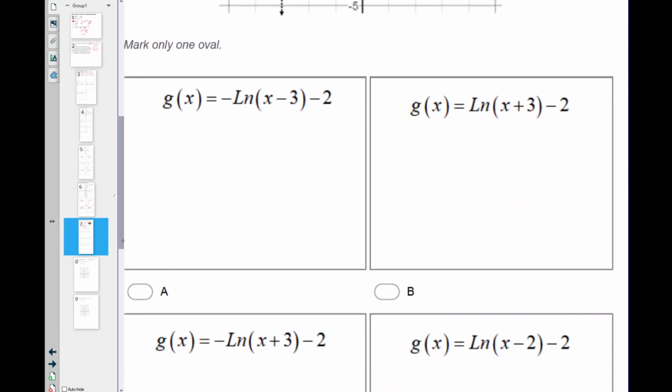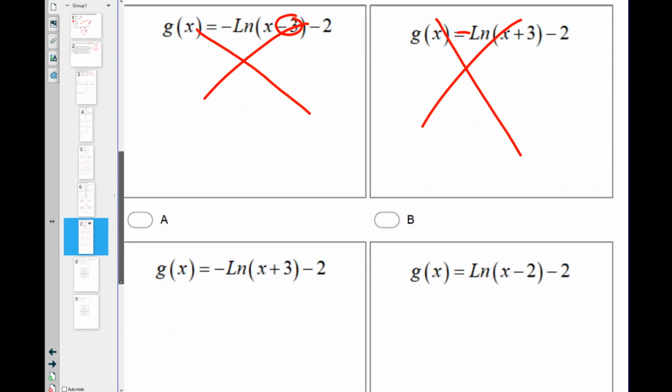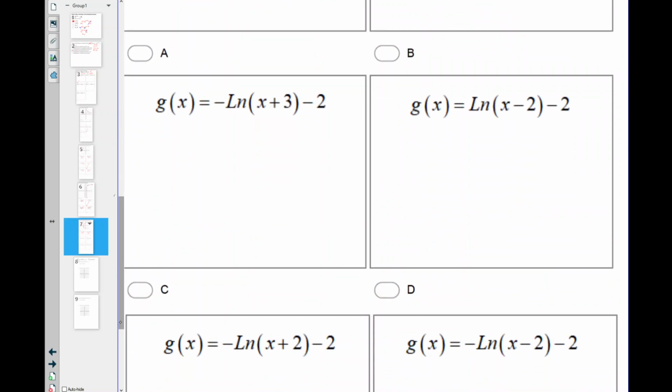Remember, the asymptote is -3, so why can't it be A? Well, even though you see -3, that means this asymptote is +3, so it can't be there. B looks good, but what don't we see on B? Yeah, there's no flip here, so it doesn't look like it'll be that one. C looks good.